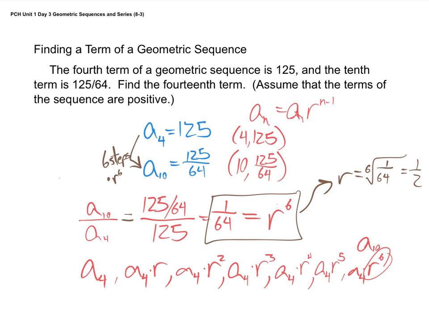So now, how could we get the 14th term at this point without finding the first term? You can base it on however you want. What could we do if you started with the 10th? You say a sub 14 equals a sub 10 times 1 over 2. Close. A sub 14 would equal a sub 10 times r to what power?